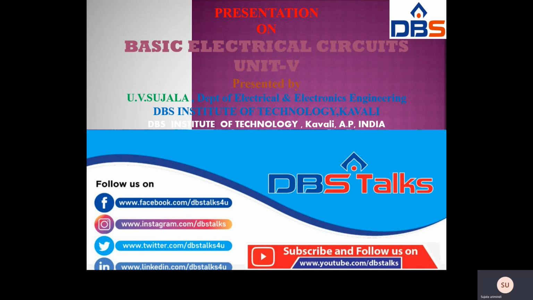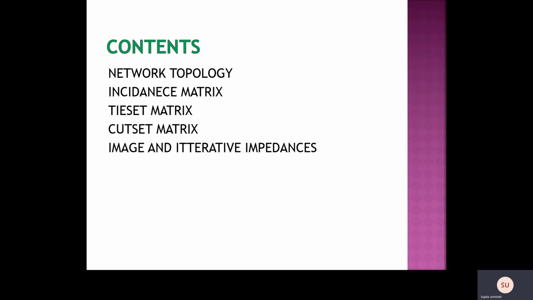So now we're going to the fifth unit, that is graph theory. Under this graph theory, what are the different contents? Basically there is network topology and some definitions about this network topology: what is a node, what is a branch, what is a graph, and what are the different trees, twigs, and chords.